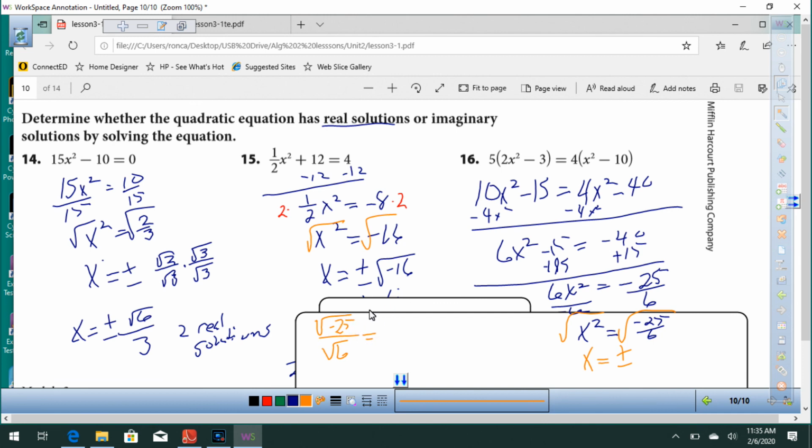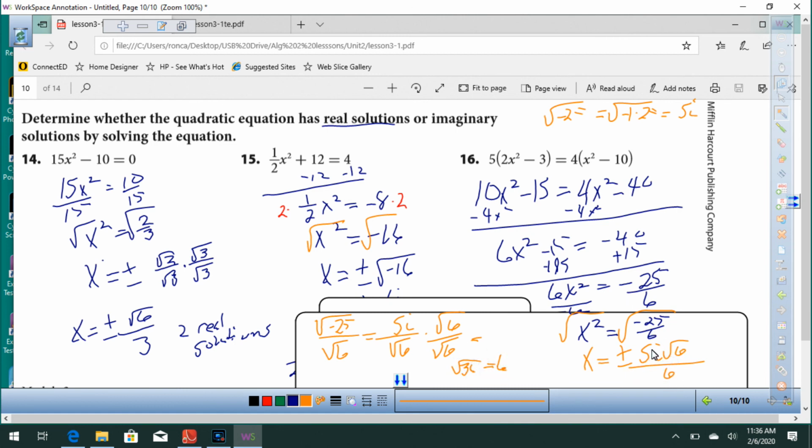All right, and we know the square root of negative 25 equals the square root of negative 1 times 25, which is 5i. So we have 5i over the square root of 6. We can't have that on the bottom. So this is going to give us 5i times the square root of 6 over the square root of 6 times the square root of 6, which is the square root of 36, which equals 6.